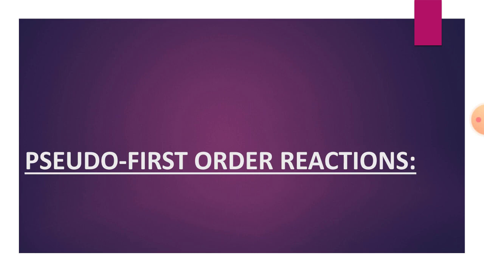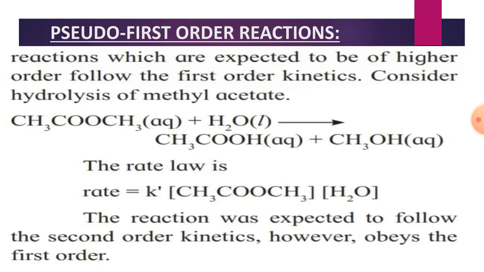The first order reaction is one where the order of the reactant is 1. As we know, the order of any chemical reaction is experimentally determined. So let's see what a pseudo first order reaction is.